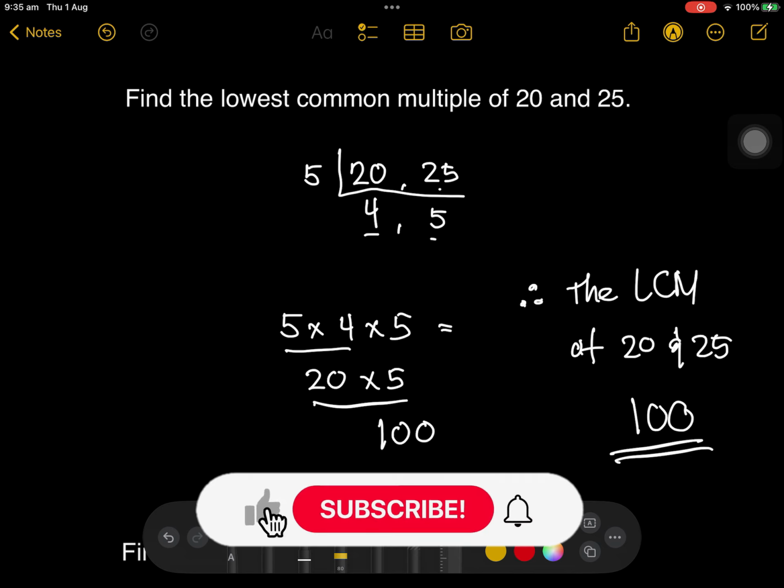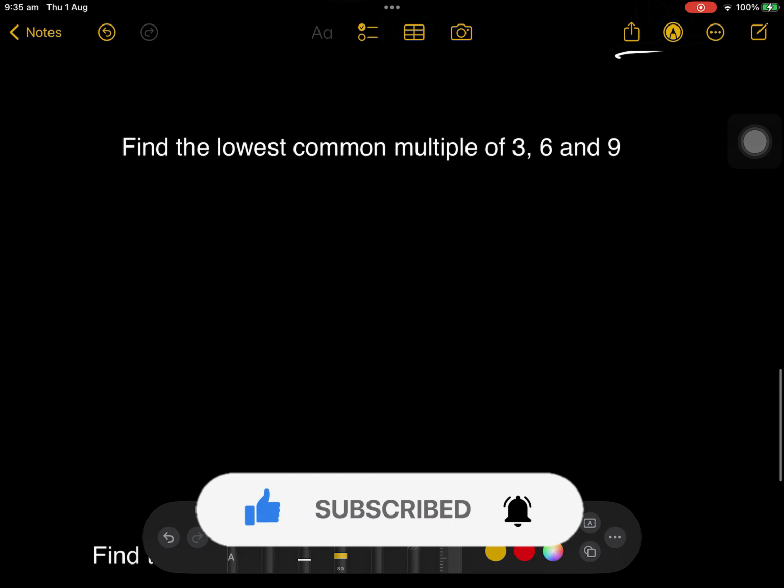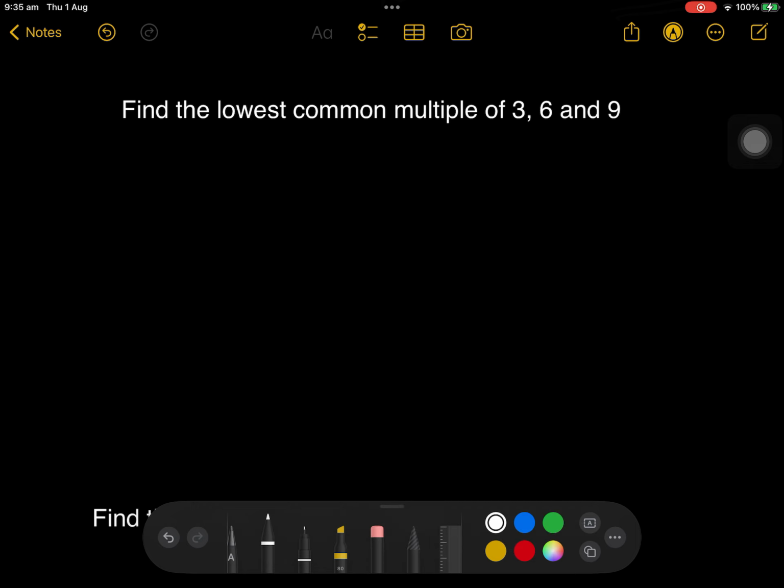All right. And next, how about if you have three numbers? Find the lowest common multiple of 3, 6, and 9. The same thing, I'm going to use the division. 3, 6, and 9 are divisible by 3. So 3 divided by 3 is 1, 6 divided by 3 is 2, 9 divided by 3 is 3.